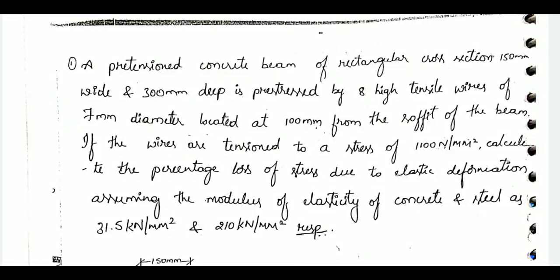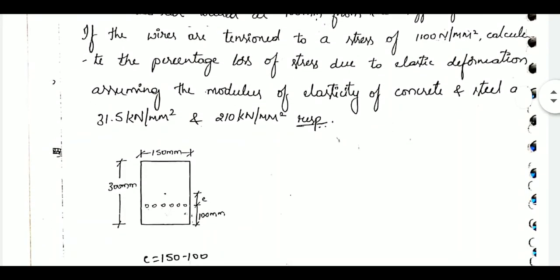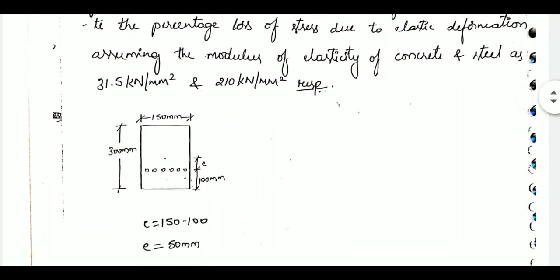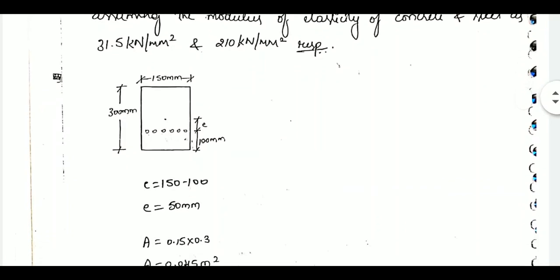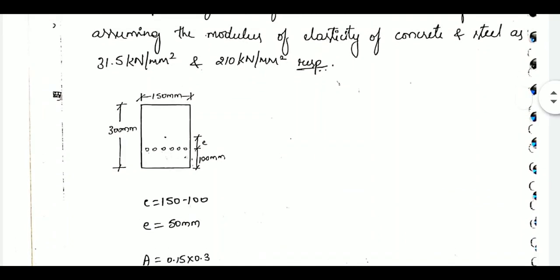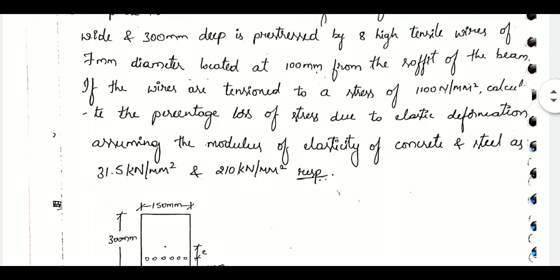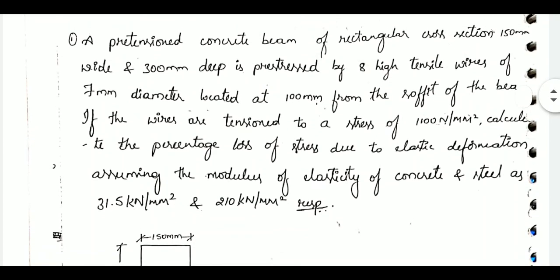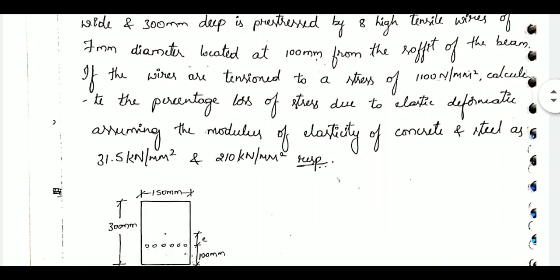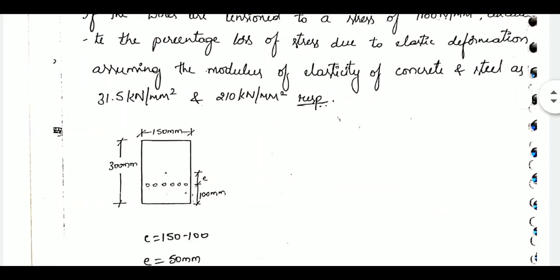So this is the question given. We have cross section 150 mm wide and 300 mm deep. You can observe in the question it is given the location of wires is 100 mm from the soffit of the beam. That 100 mm is not eccentricity, it is a distance from bottom of the beam.